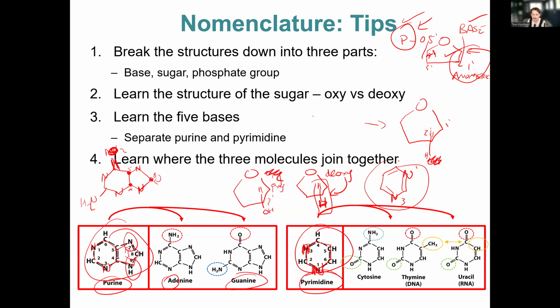Pyrimidine, you just remember of the ring, they've all got the carbonyl down here. And then cytosine, I say, well, cytosine is C, early in the alphabet, so it's got the amine up here.